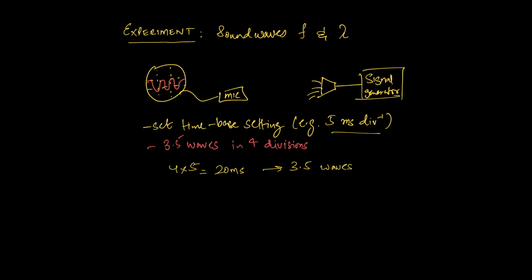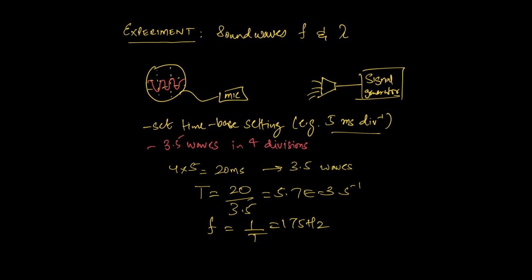What is the time period of the wave as a result of this? Well, the time period is going to be 20 divided by 3.5, which is equal to 5.7 times 10 to the minus 3 seconds. And what is the frequency? Frequency is just going to be 1 over T, which is going to be 175 hertz. So you just figured out the frequency.